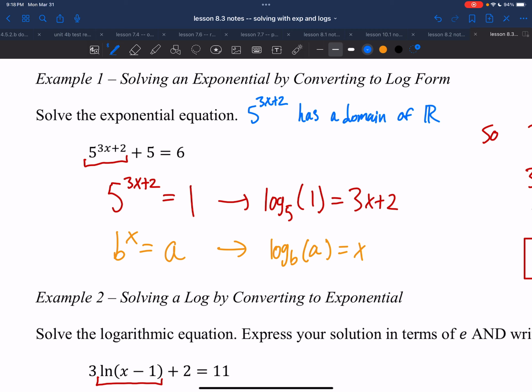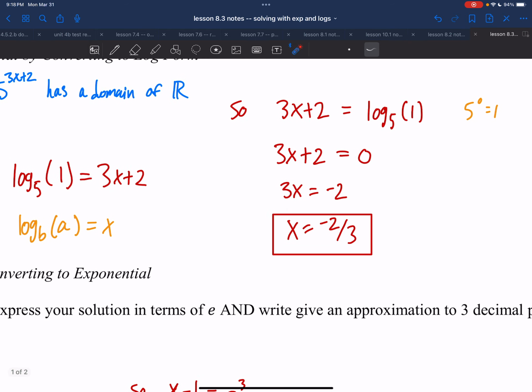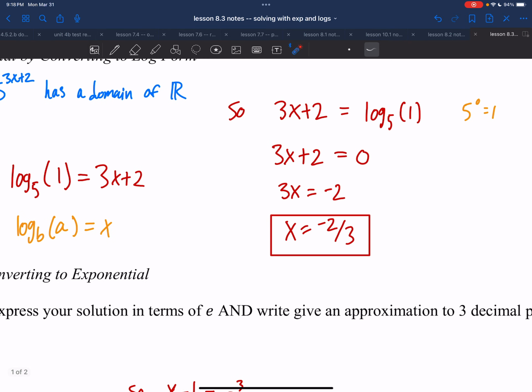Square root, you can't plug in negatives. 1 over x, you can't plug in 0, right, because those get you undefined or imaginary values. Thing about an exponential is an exponential looks like this, and it's graphed for all real numbers on the x-axis for the x domain. So whatever you get as an answer, as long as it's a real number, it's going to fall within your function's domain, and everything's going to work out just fine. So you don't have to worry about that too much.